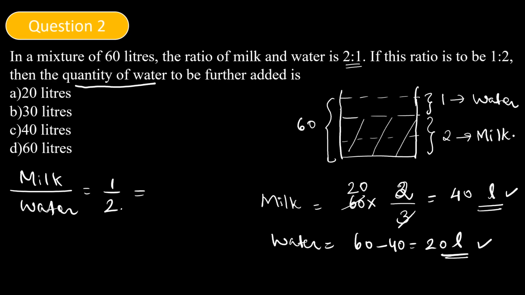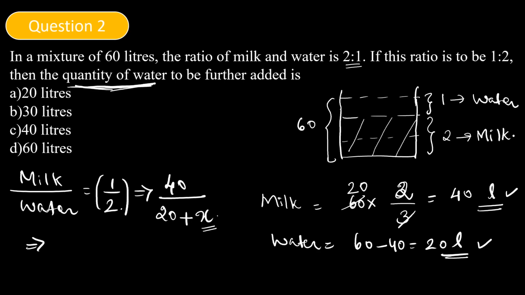Milk is taken as 40 itself, and we have to increase the quantity of water. Since the water was 20, we'll increase it by an amount x, the amount of water further added to make the ratio 1:2.